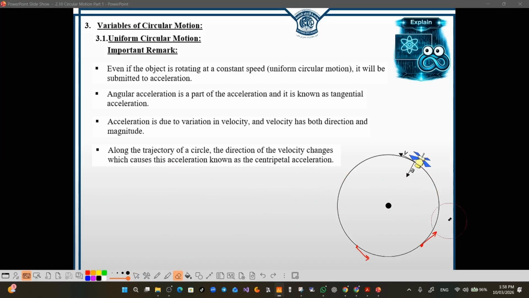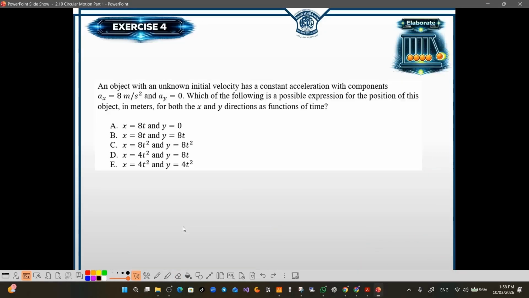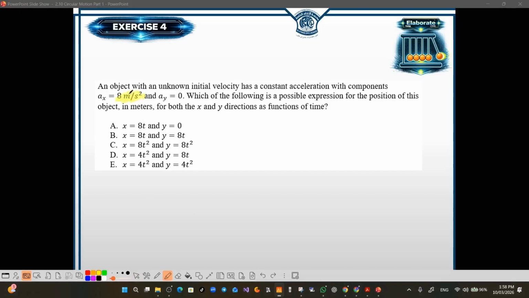Now, let's keep moving. We're going to solve some problems now. An object with unknown initial velocity has a constant acceleration with components ax, which is constant, 8 meters per second squared, and ay is 0. Which of the following is a possible expression for the position of this object in meters, for both x and y directions, as a function of time? So we need to indicate which of these equations is suitable for the previous claim that ax is constant and ay is 0.